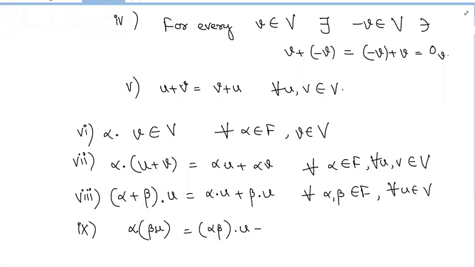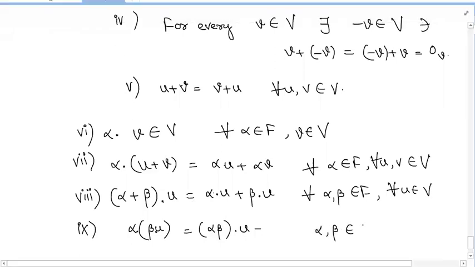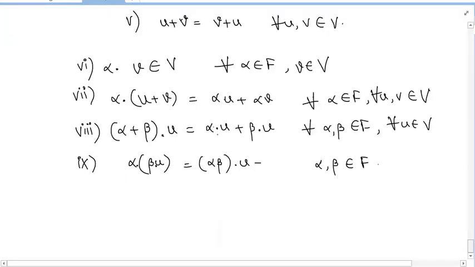Here alpha, beta belongs to F, so alpha beta is a multiplication in the field, and u belongs to V is a vector. The dot is a scalar multiplication. So this condition should be satisfied.